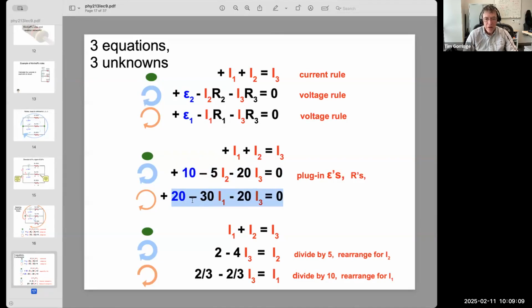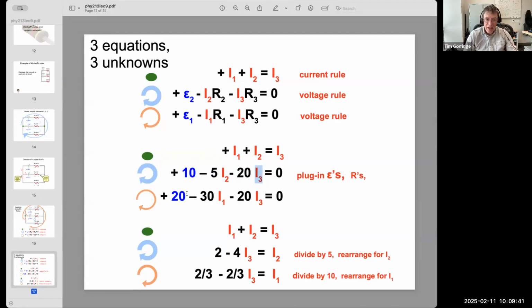And then after dividing the middle one by 5 and the lower one by 10, I actually rearranged those equations a little bit. I rearranged the equation in the middle as an equation for I2 in terms of I3. So this equation only has 2 of the 3 currents in; I can write it as how I2 is related to I3.